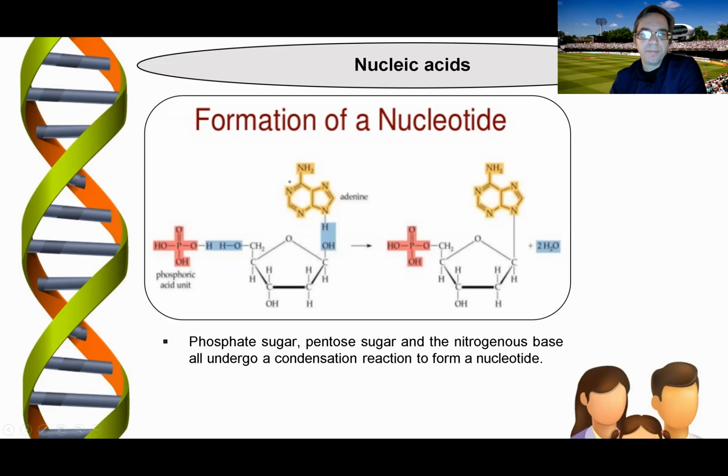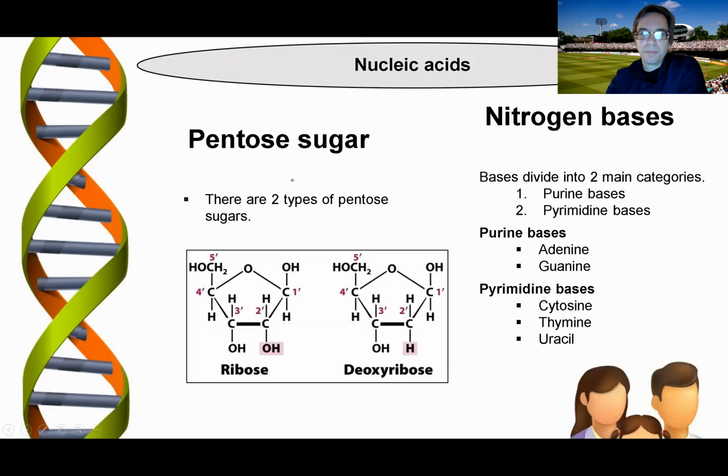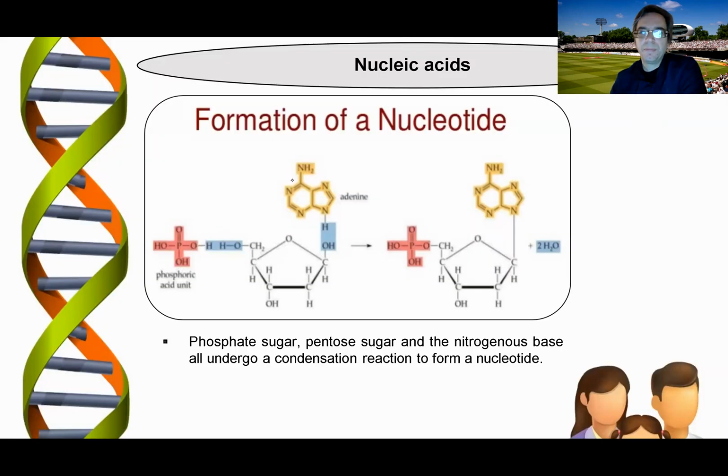So we've got 1, 2, 3, 4, 5 nitrogens in this particular nitrogenous base, which is adenine. We'll call this an amine group, being NH2.